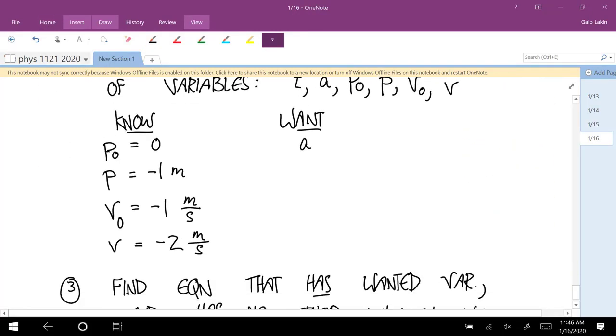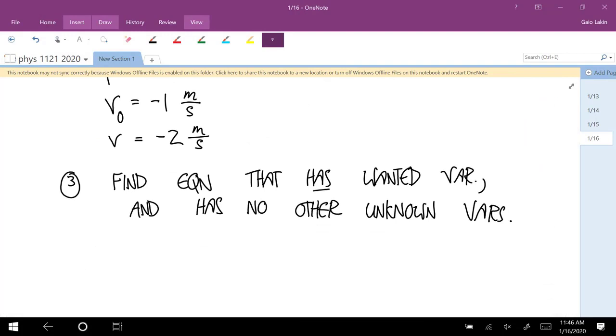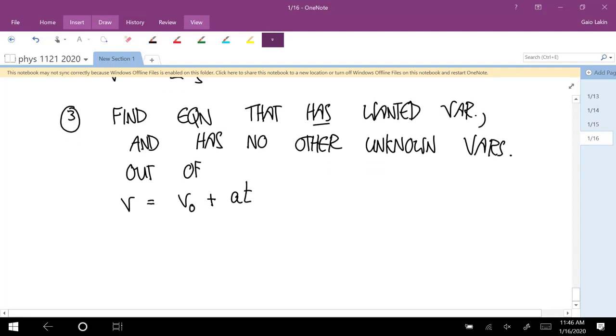Let me write these down. V is equal to V0 plus AT. P is equal to P0 plus V0t plus 1/2 AT squared.